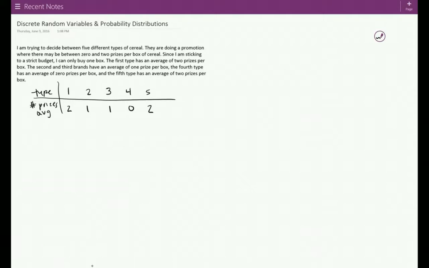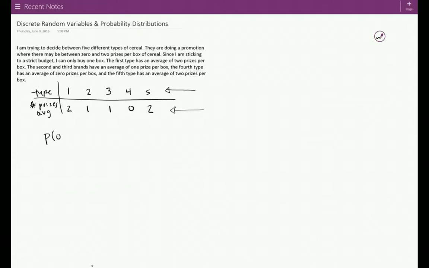And looking at the data, we can fill in the table like so. Now, to turn this into a PMF, we'll look at the fact that there are 5 equally likely events up here, boxes of cereal that I'll choose, and 3 possible outcomes here. So we'll need to calculate the probability of each of these possible outcomes of these events.